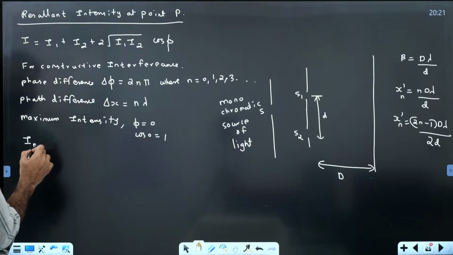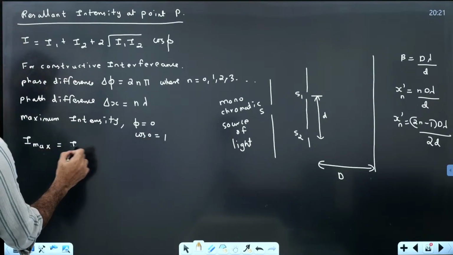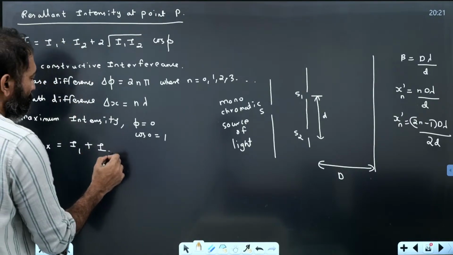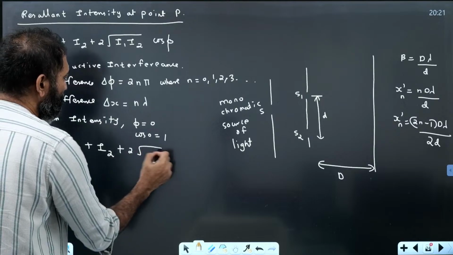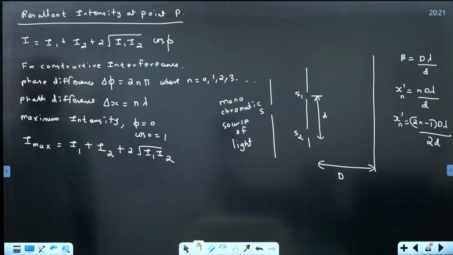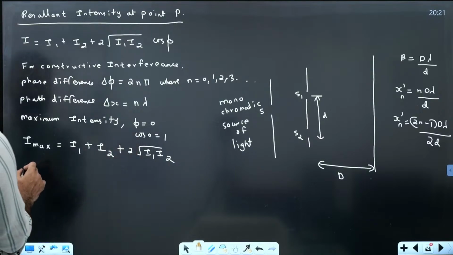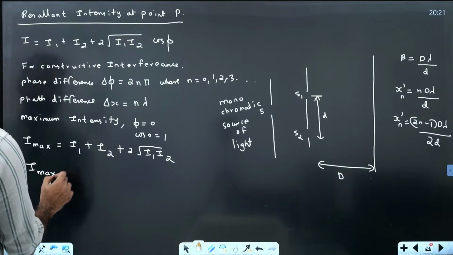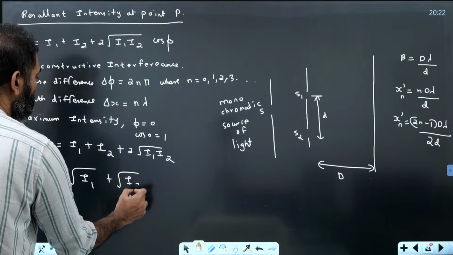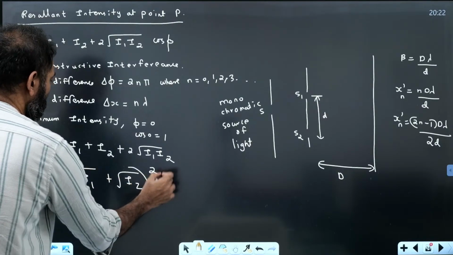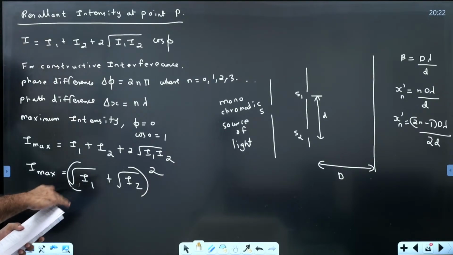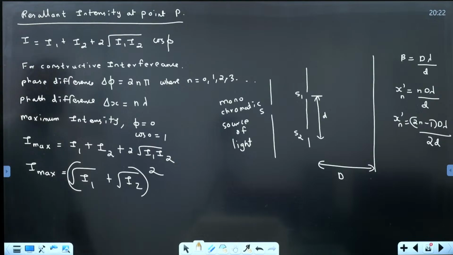So I max is equal to I1 plus I2 plus 2 root I1 I2, because cos 0 becomes 1, which is I max is equal to root I1 plus root I2 the whole square. This is the condition for constructive interference, that is maximum intensity, I max.